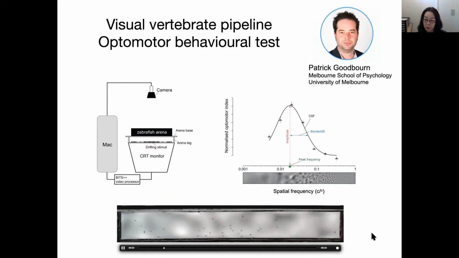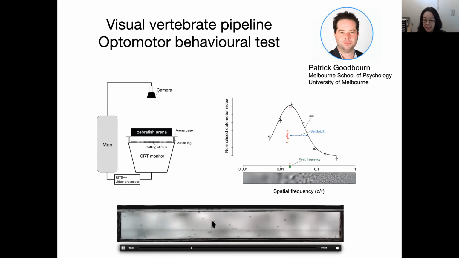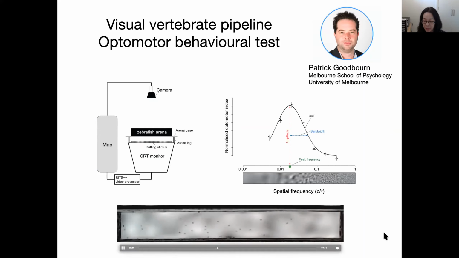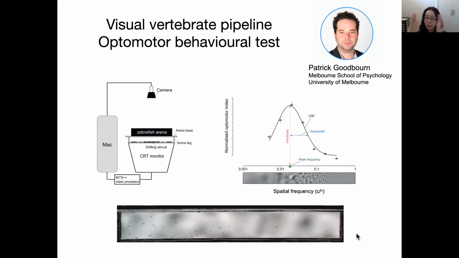Each stimulus is shown for a minute. And you can see that we can change the spatial frequency, the temporal speed, so the temporal frequency, the contrast, and we run each stimulus 6 times in the trial. So the whole trial takes about 2 hours. And in between stimuli, we bring them back to the center.